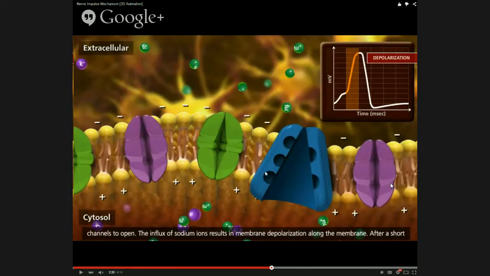Now, one thing that's a little unfortunate, I suppose, is here we have purple as the potassium channel and green as the sodium channel, because those are the colors that correspond there.